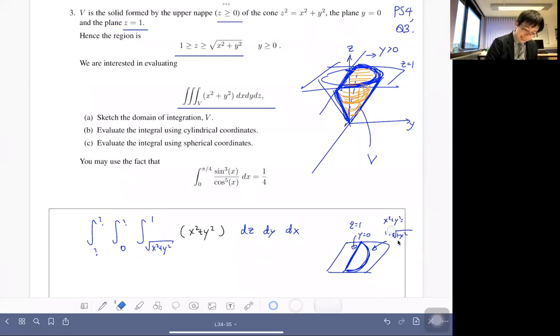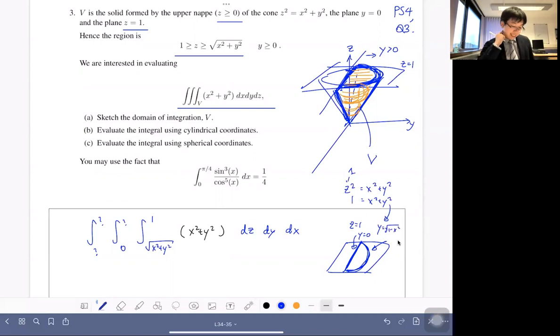Another way is you know that this line is part of the cone, right? You know that this line over here is part of the cone. So you can look at the cone equation and just set Z equals 1, right? So you have 1 equals x squared plus y squared, which tells you y is the square root of 1 minus x squared. The positive square root in this case.